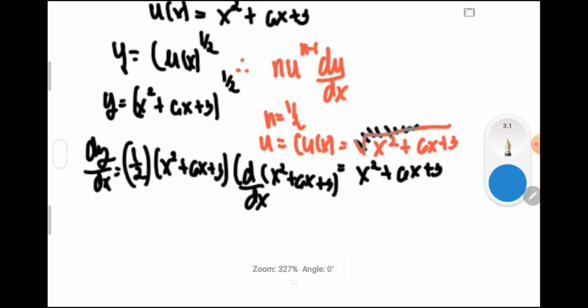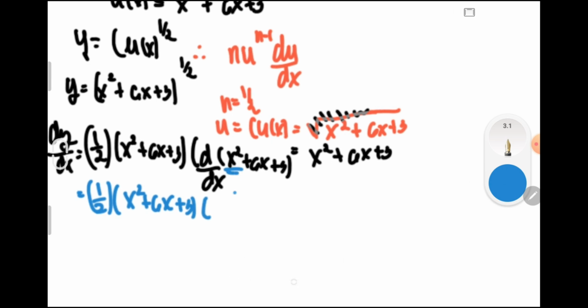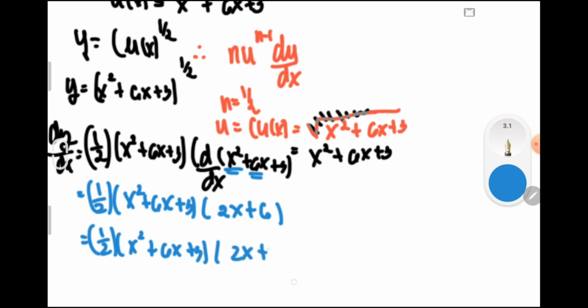So therefore, we will have a value equal to 1 half multiplied by x squared plus 6x plus 3 multiplied by the derivative of x squared, which is 2x, plus the derivative of 6x, which is 6, plus the derivative of 3, which is 0. So from this, we will have a value equal to 1 half multiplied by x squared plus 6x plus 3 multiplied by 2x plus 6.